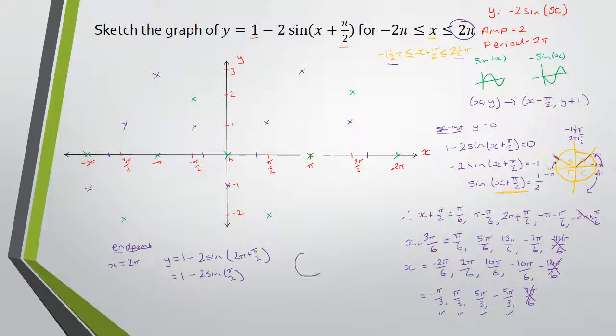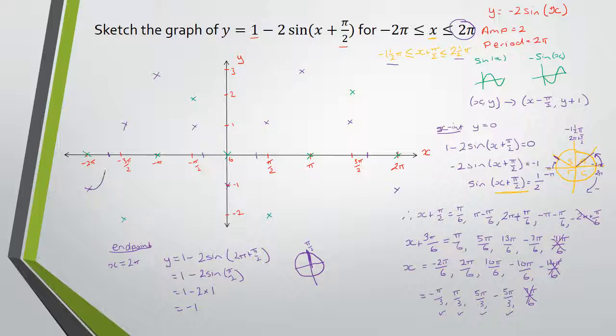Remember, let's think about where pi over 2 is located, or 2 pi plus pi over 2. It's located just here. The sine value is the vertical displacement. At this point, the vertical value, the y-coordinate, is 1. So we're going to get 1 minus 2 times sine of pi on 2, which is 1. 1 minus 2 is equal to negative 1. So we know that our endpoint occurs here at negative 1.